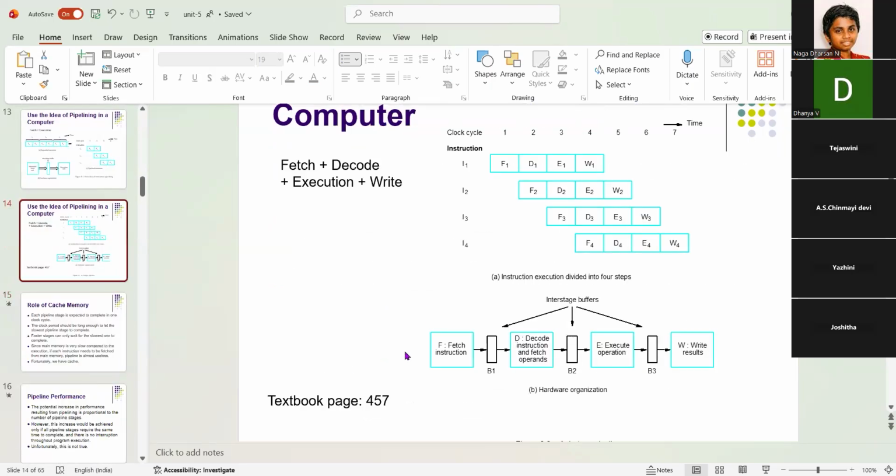Okay, before that, this fetch, decode, execute, and write. There are four stages, right? In these four stages, what do you think could be the slowest stage? If I had to tell, it will be your fetch and your write unit, because in fetch you're trying to access from the memory, and in write you're writing it back to the memory.